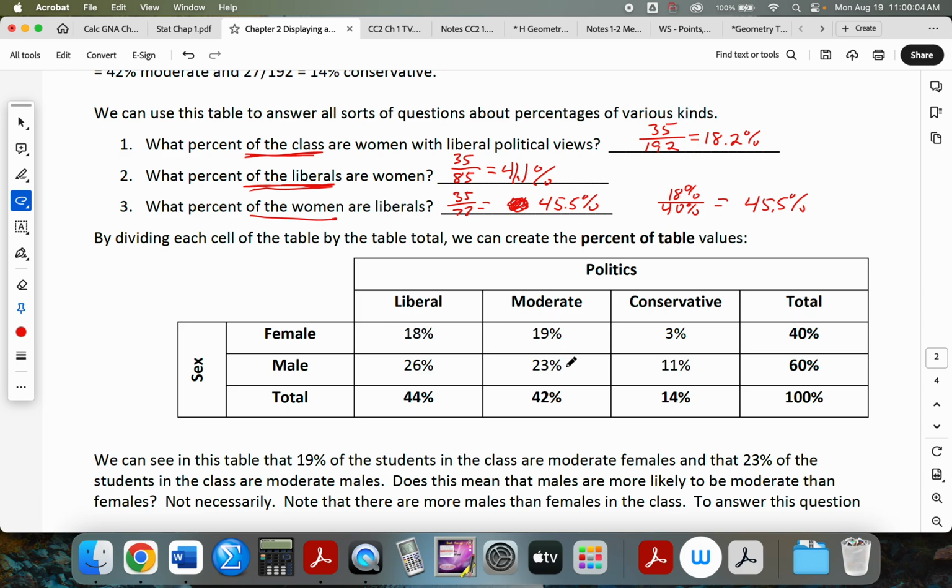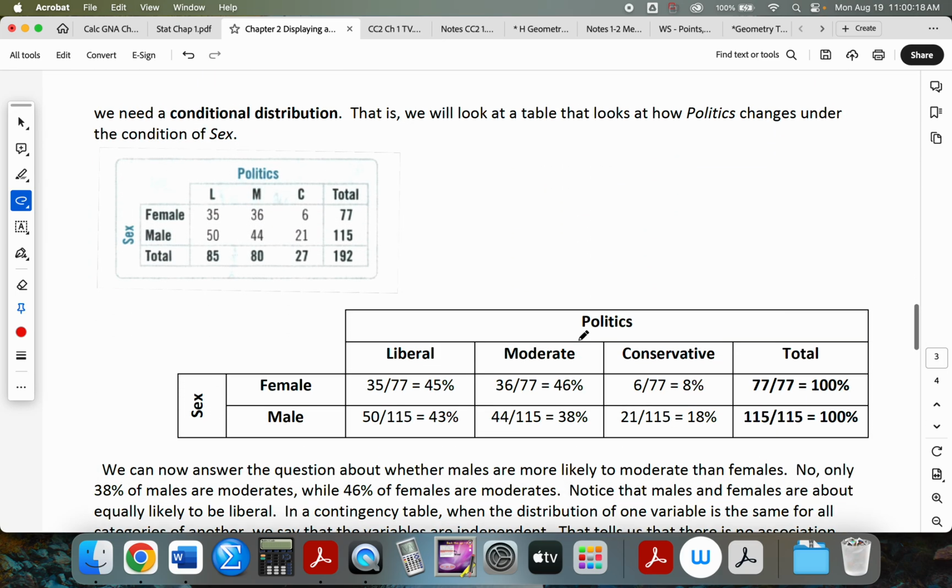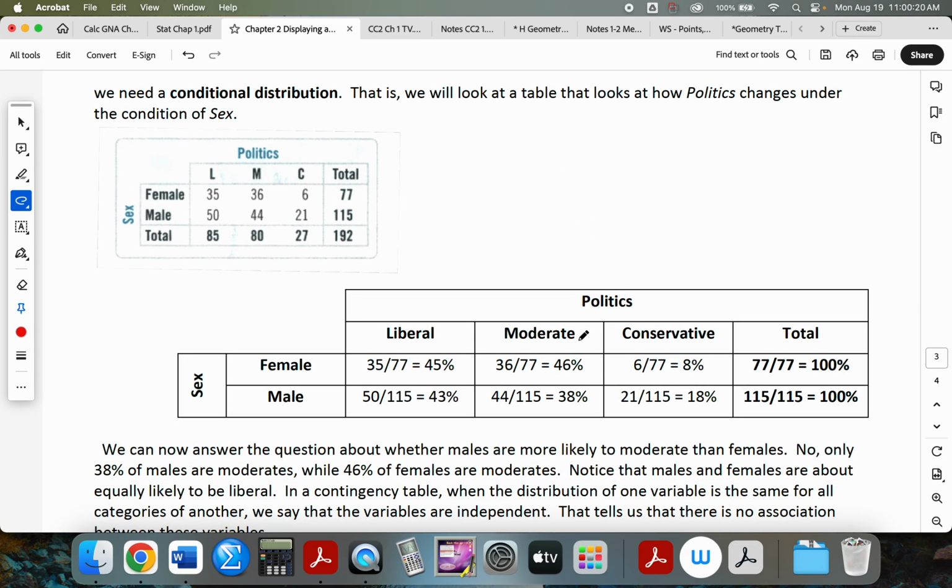Does that mean males are more likely to be moderate than girls? No, because there are also a lot more males. So really, it's probably more women. We're actually going to look at that tomorrow. Got to leave you hanging a little bit.